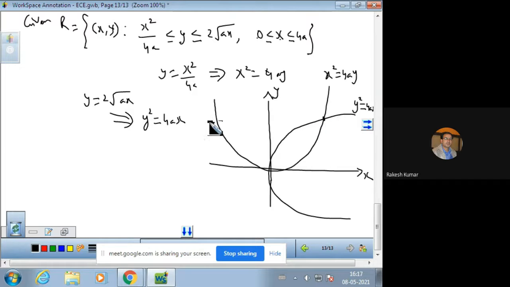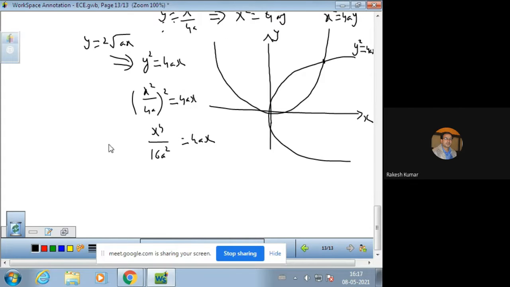Let us check the cross intersection of these two parabolas. Cross intersection find करने के लिए आप y की value, this one, this is y, put here. So (x square over 4a) whole square is equal to 4ax. So x4 over 16a square is equal to 4ax.